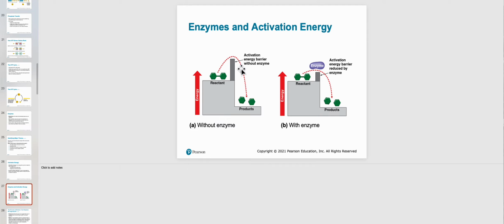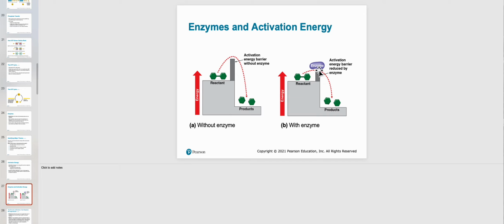But notice because of this high wall, which is the barrier, which is that activation energy, it's going to take a lot of activation energy for reactants to turn into products. It's less likely to happen because there is no enzyme.